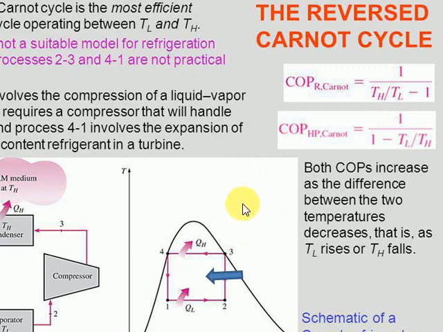In that cycle, no liquid you will observe. So if this cycle is operated in the superheated region, then that will become gas as a refrigerant in the reversed Carnot cycle.